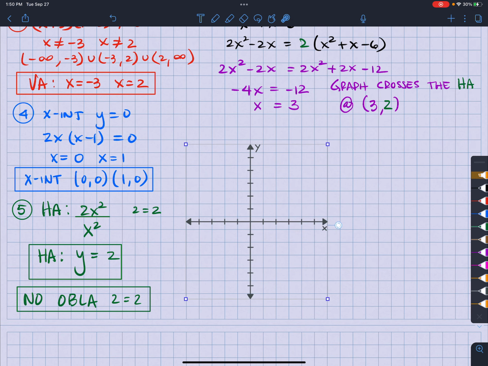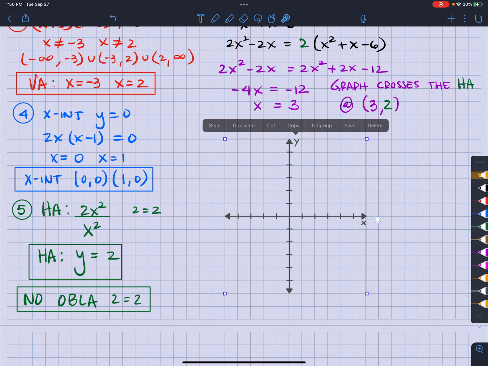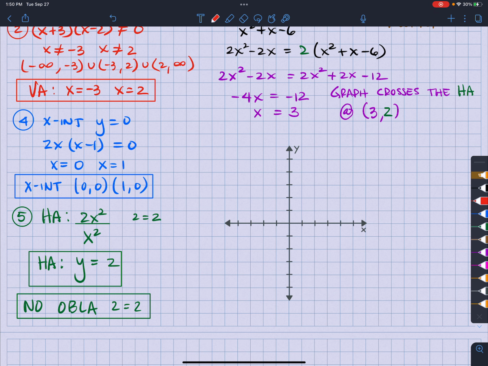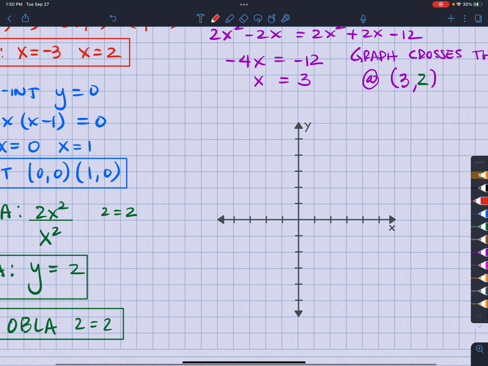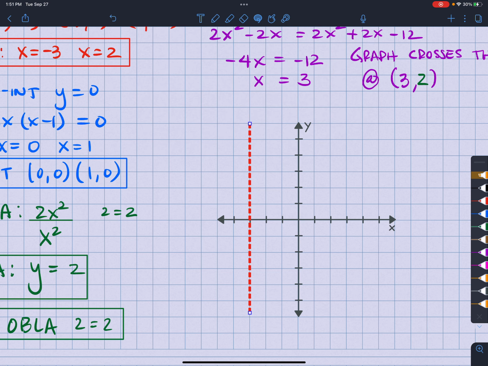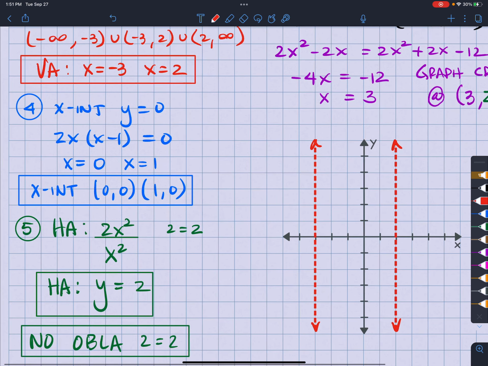Boom, there I go, done. All right, so let's take a look. We have a vertical asymptote at negative 3 here. Let's duplicate that and put it at 2. Done. There we go.